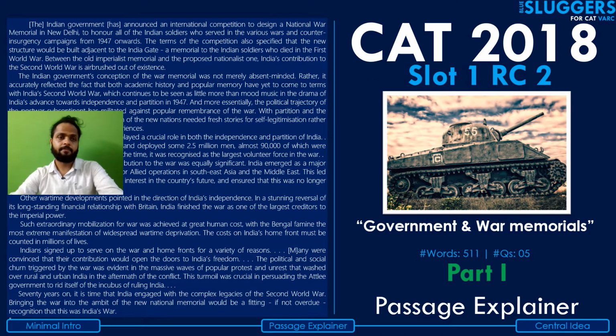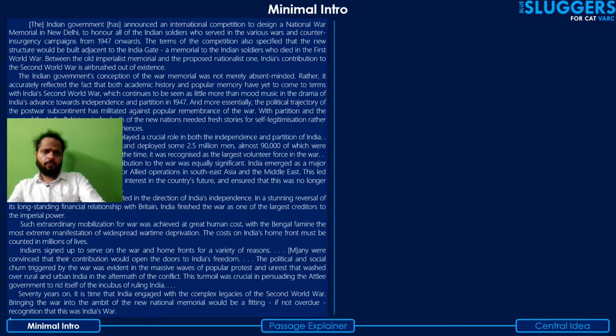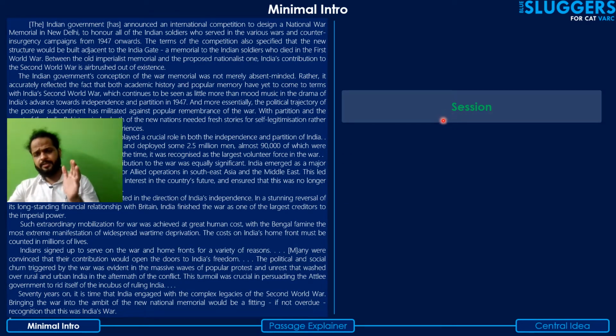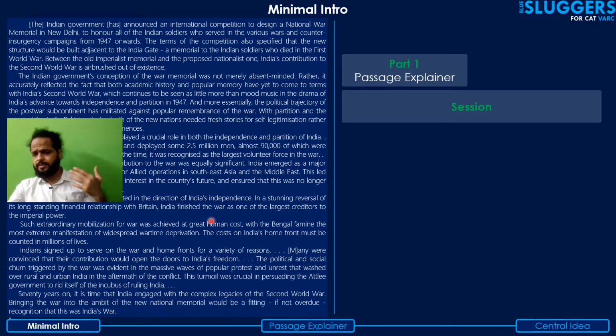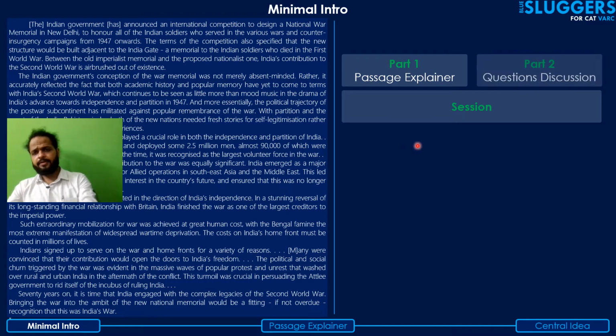Okay, so let's start. For those of you who might be watching these sessions for the first time, I'll just take you very briefly through the structure of the sessions. Every single session caters to one RC, and a session is made up of two parts. The first part is where I explain to you the passage in detail, paragraph by paragraph, and the second part is where I take you through the questions, where we discuss the questions.